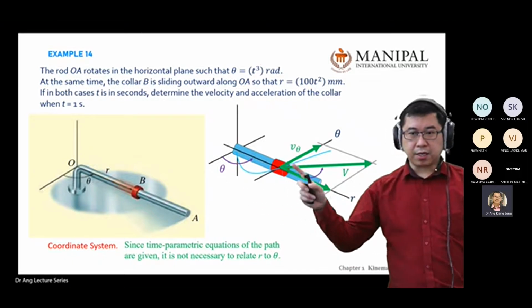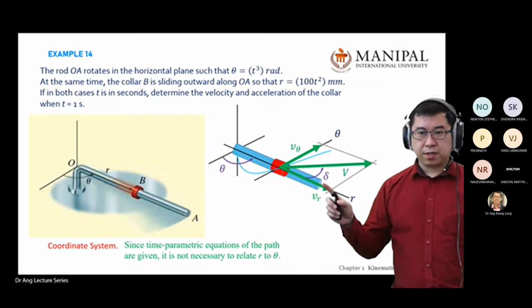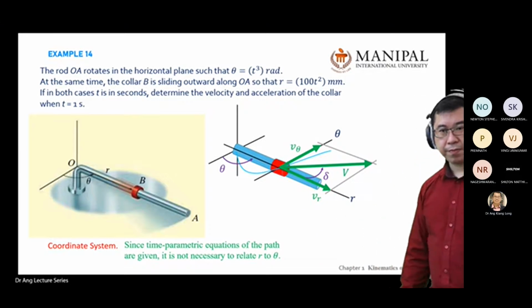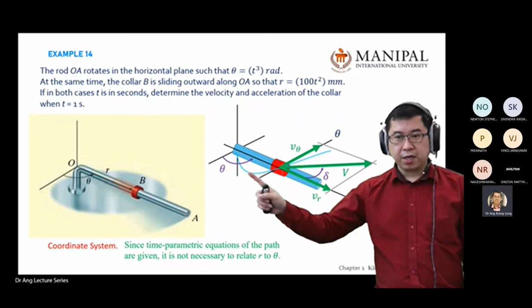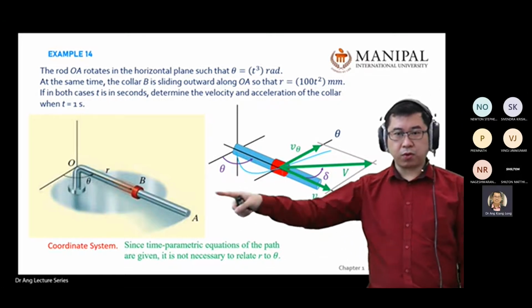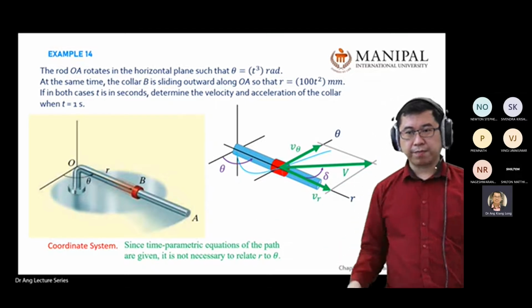The angle changes over here and is not the same as this one. Okay, you have two angles there. One is the rod angle. The rod angle follows the question, theta. Here to here is theta.